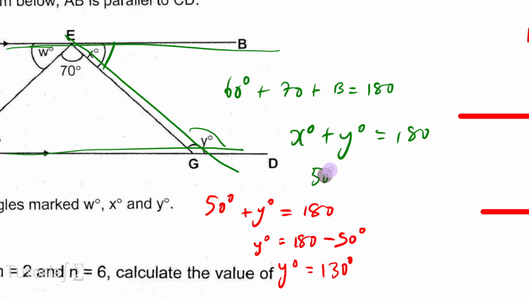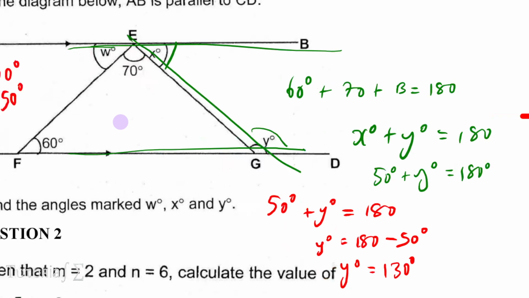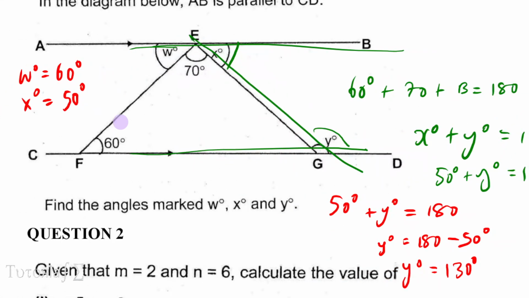X is 50 degrees, plus Y degrees will be equal to 180. Then you just solve for Y. So there are many ways you could have found the value of Y. I'm just opening your mind. So we find our Y degrees as 130, which is what we have here.